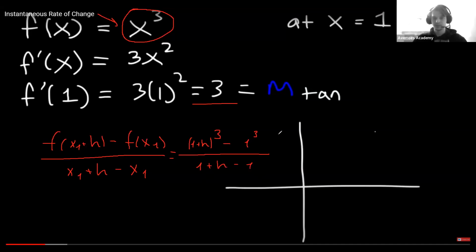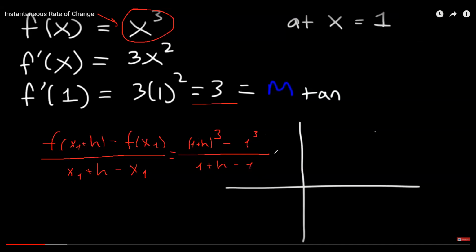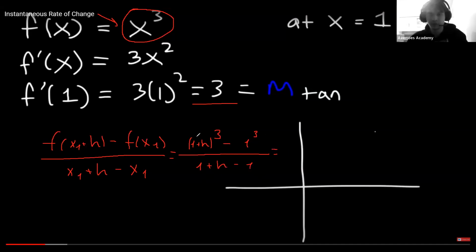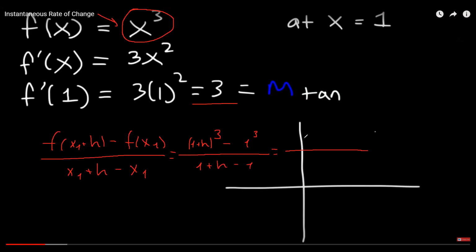Now what we're going to do here is expand it. What would be the formula if we expand these brackets? 1 plus h times 1 plus h times 1 plus h, subtract 1.